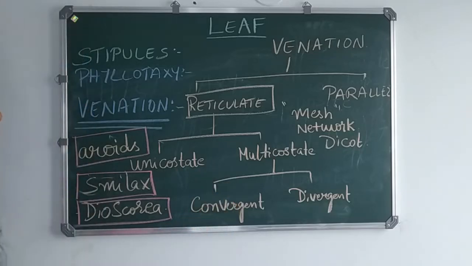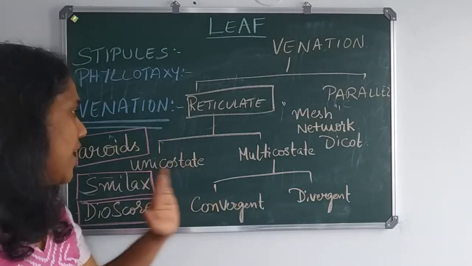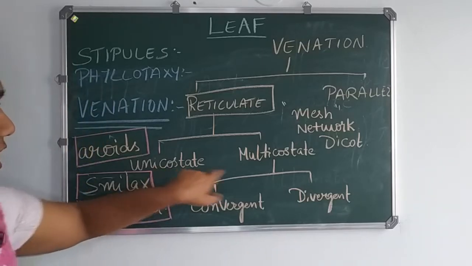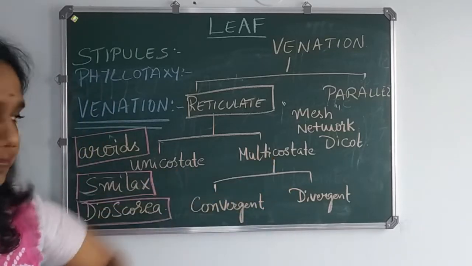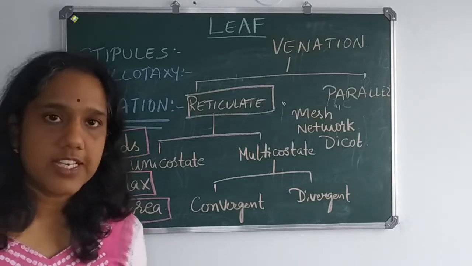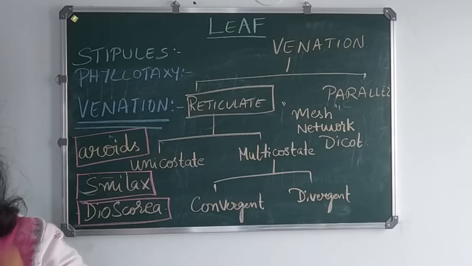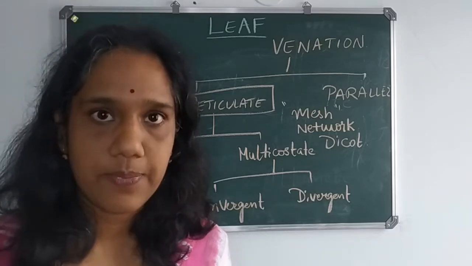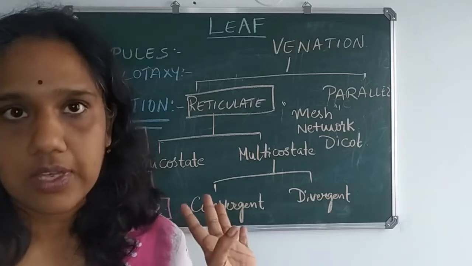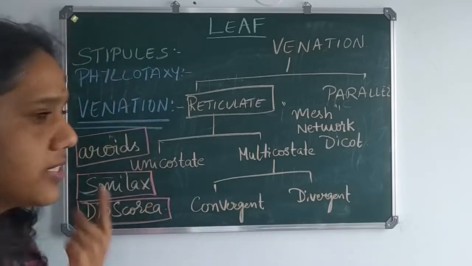Okay. Having said this, now we are going to move into a different word here, that is unicostate and multicostate. Unicostate, as the name itself suggests, uni means one, costate means only one leaflet. Okay, single leaflet. For example, our hibiscus. If you look into hibiscus, there is only a single leaf.